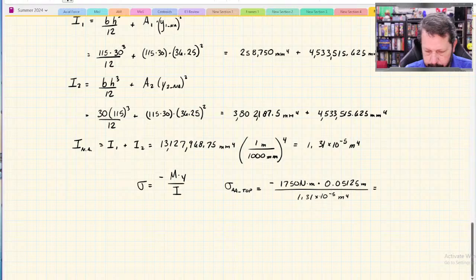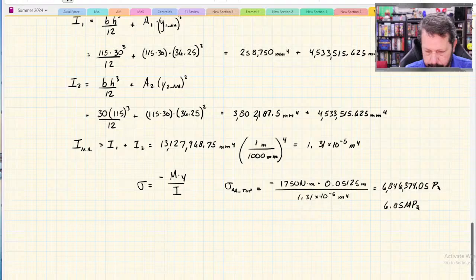So that will give me units of newtons per meter squared, which is 1 pascal. And let's see how many pascals we have. 1750, oh yeah, I did the top of the beam, so times 0.05125 divided by 0.1234131, giving negative 6,846,374.05 pascals, which would be 6.85 megapascals.